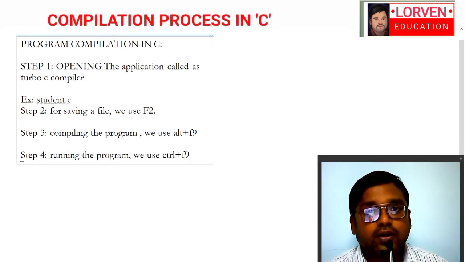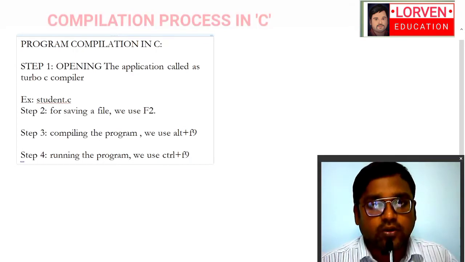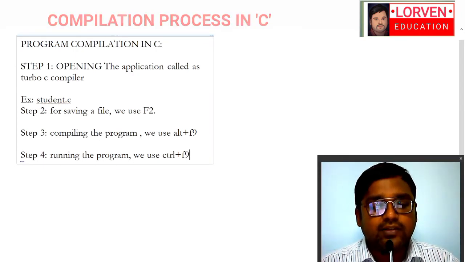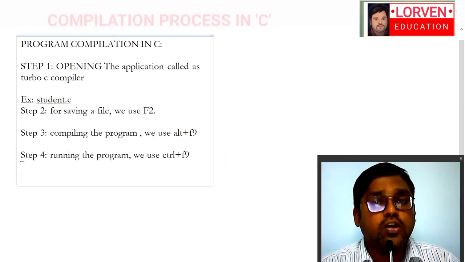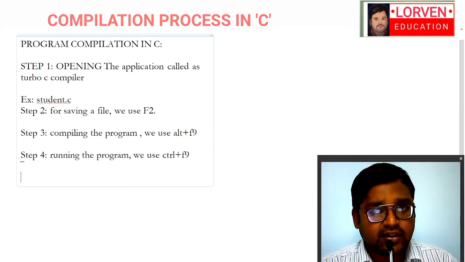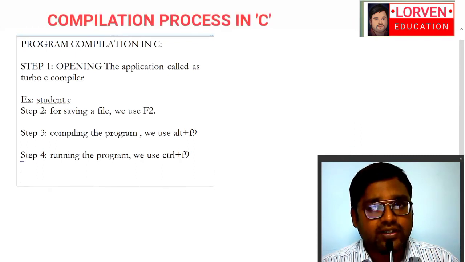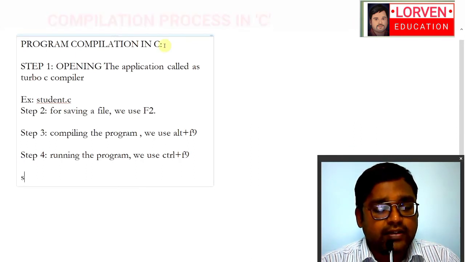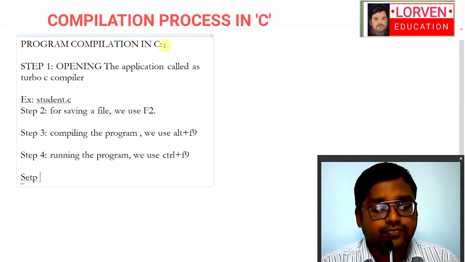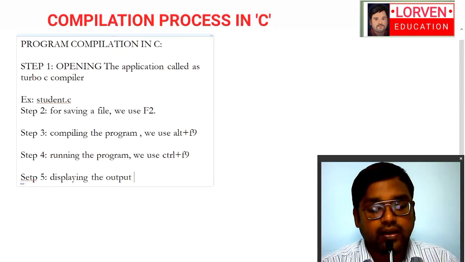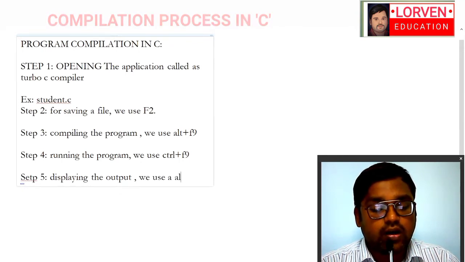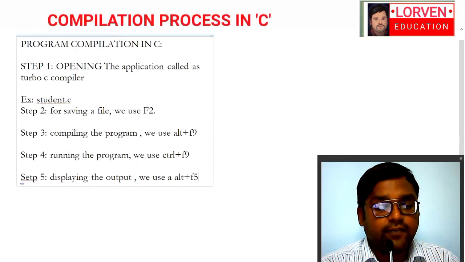Then once you are ready with the program, you have to display the output on the user screen, and that is done in step number 5 using a shortcut called Alt F5. Step number 5 is displaying the output, okay, and for that we use the shortcut Alt plus F5.